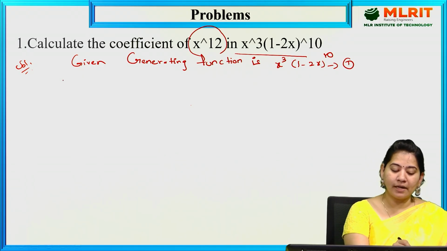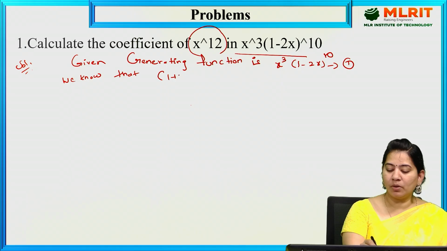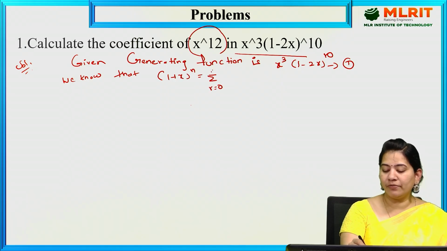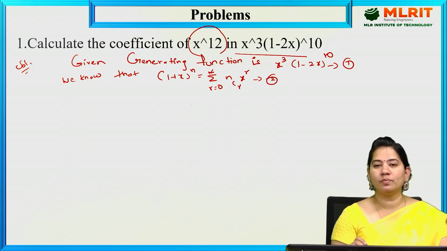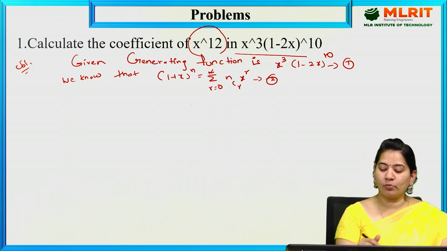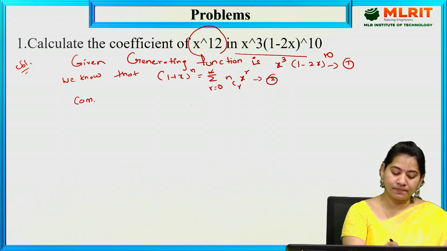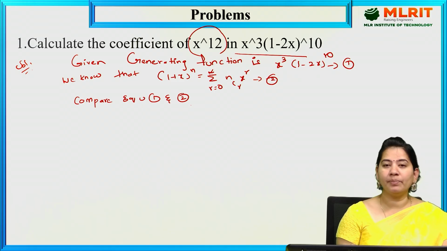But we know that (1 plus x) whole power n is equal to sigma r equal to 0 to infinity nCr x power r. Let us consider this as equation 2. Now compare equation 1 and 2.